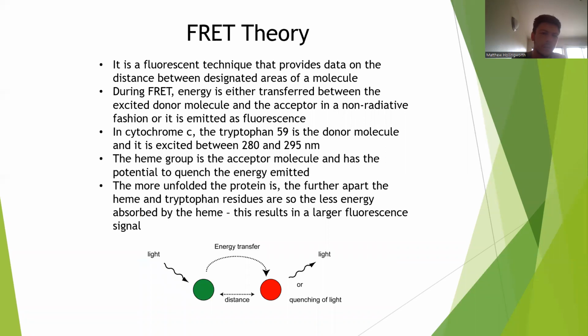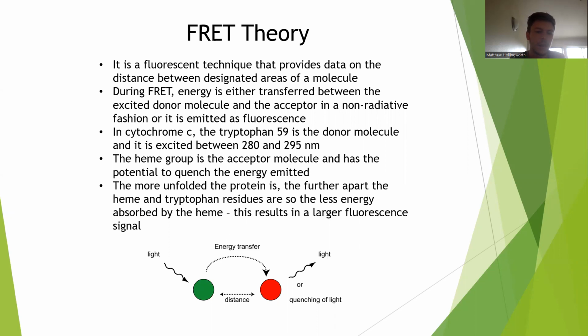So now a little bit of details about FRET, which was the technique that we used to collect our data in the experiment. FRET's a fluorescent technique that provides data on the distance between designated areas of a molecule. During FRET, the donor atom is excited by light, and in the diagram below, you can see the green circle is our donor atom.